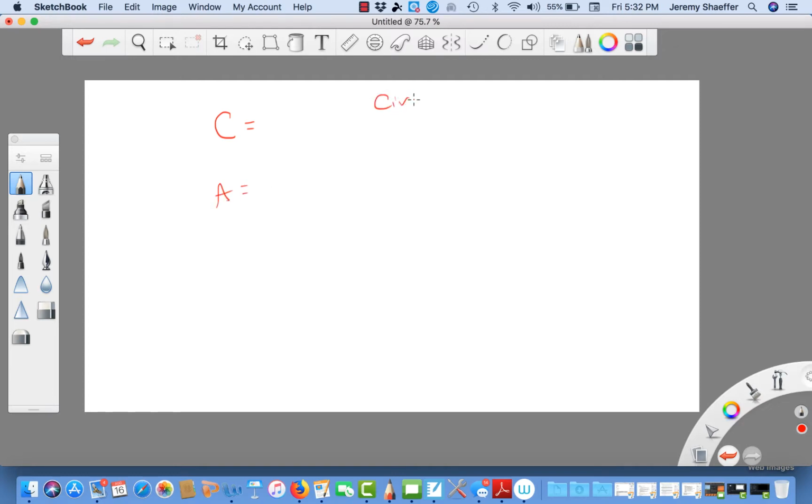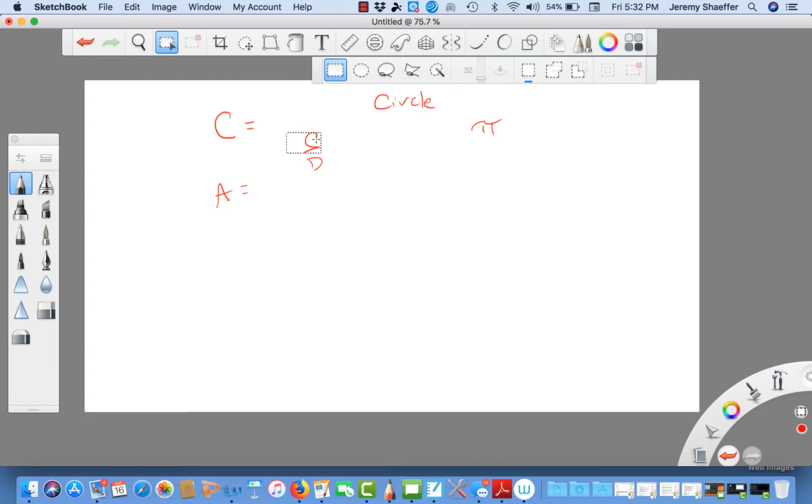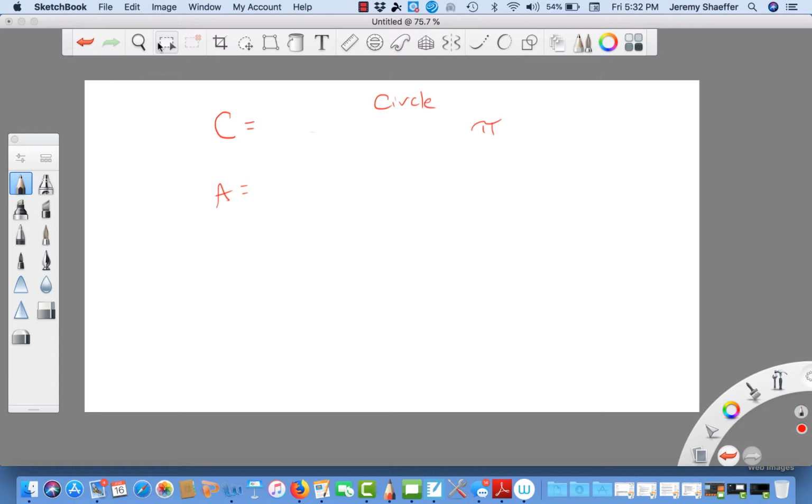Well, to come up with this unique thing called pi, we have circumference divided by diameter. And when we get that, we finally achieve pi.